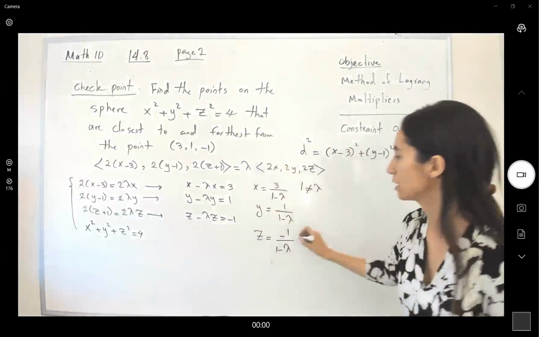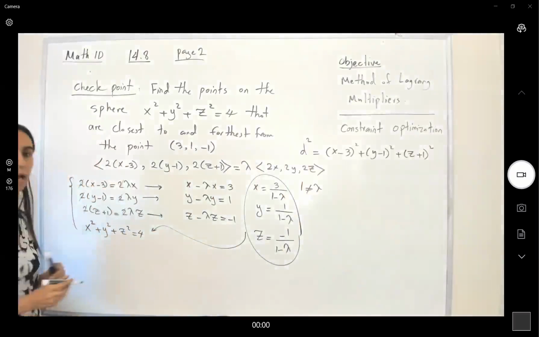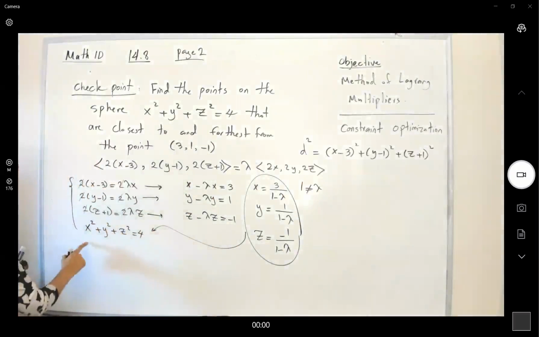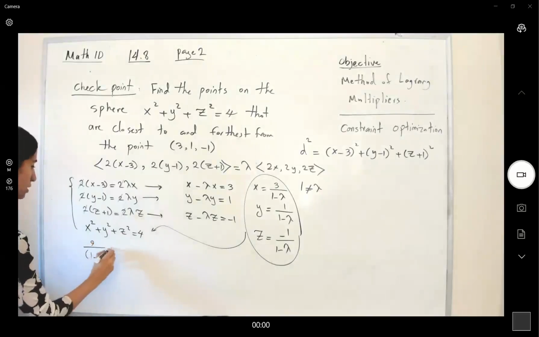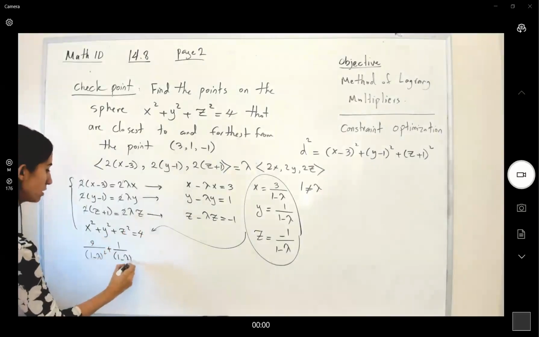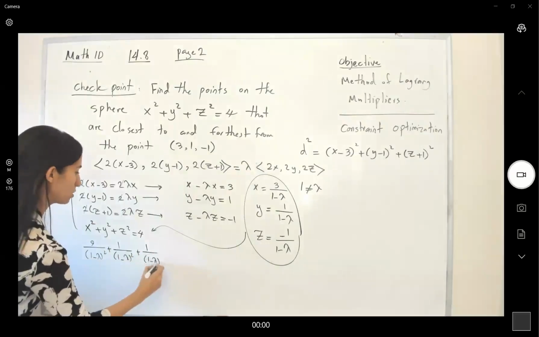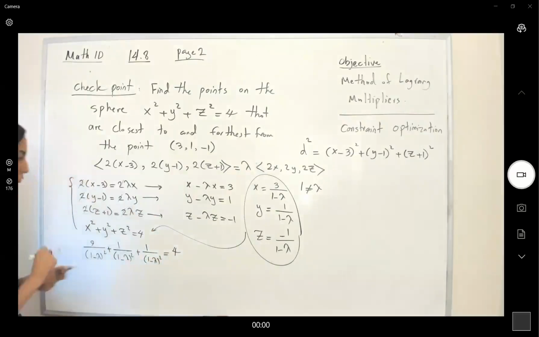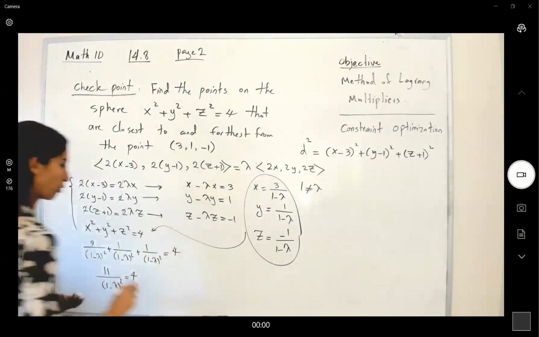Okay, now we're taking all of these and we substitute them in the last equation. So x squared, we get 9 over (1 minus lambda) squared plus 1 over (1 minus lambda) squared plus 1 over (1 minus lambda) squared equals 4. Very well. So you get 11 divided by (1 minus lambda) squared equals 4.